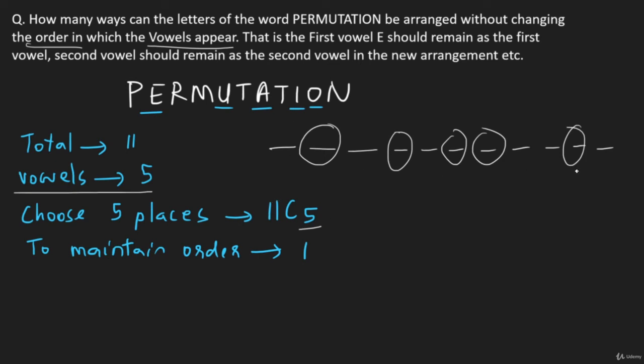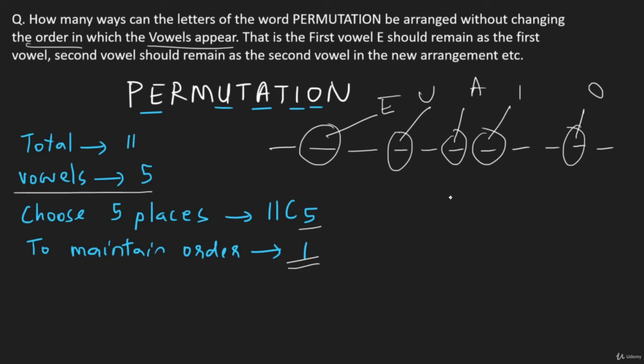Now, in these 5 places, over here I have to put E, over here I have to put U, this one would be A, this will be I, and this will be O, right? So there's only one way in which I can fill the vowels in these 5 places. That's why I can only arrange these 5 vowels in the 5 places in one way.